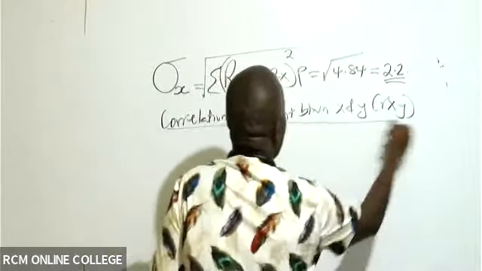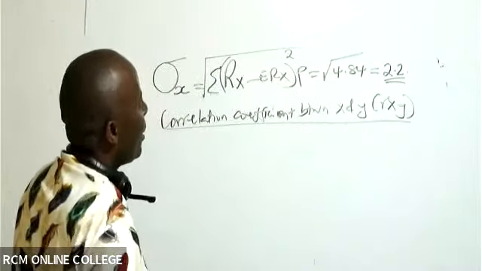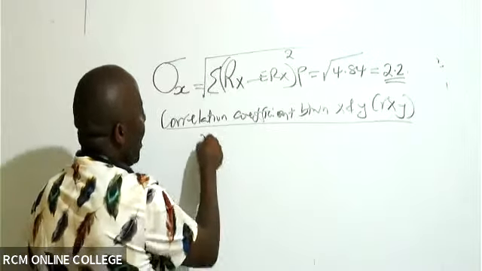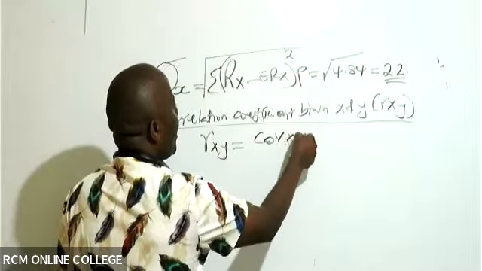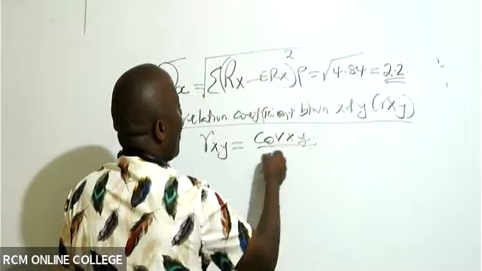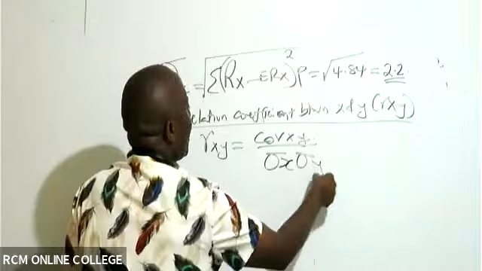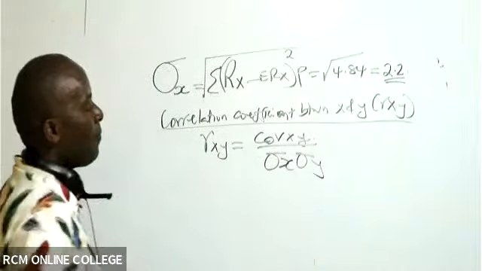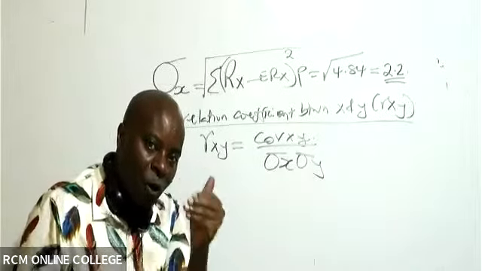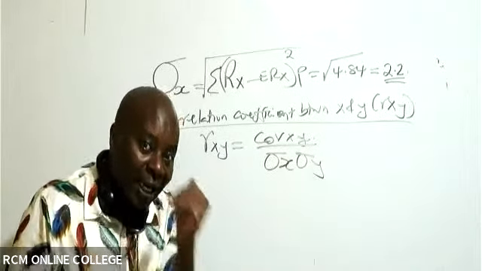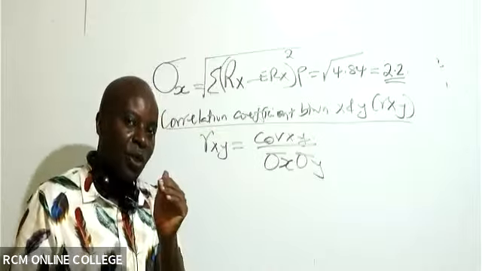How do we get this r between x and y? It's very easy. You will take the covariance between x and y divided by the respective standard deviations. So anytime they tell us to give the coefficient of correlation, it shall be the standardized covariance.